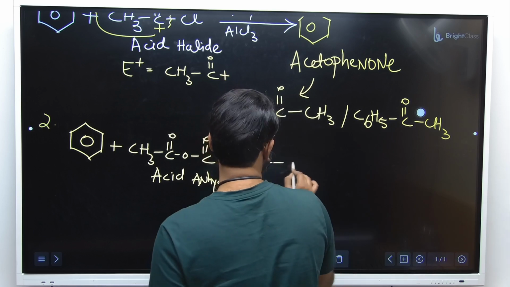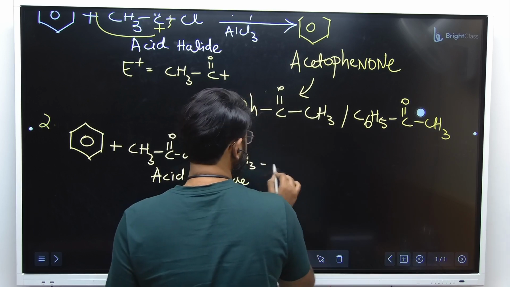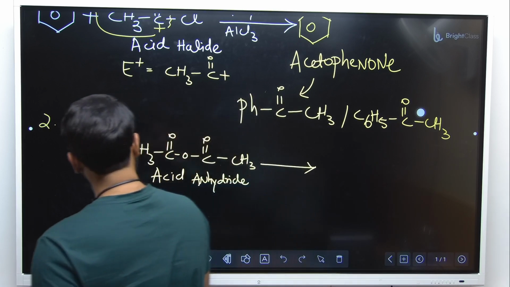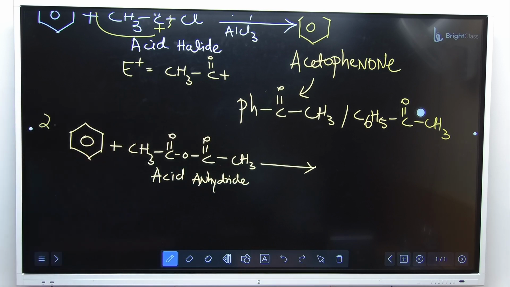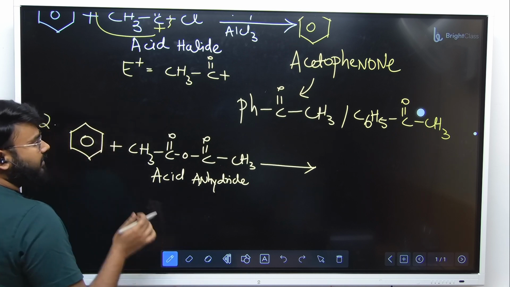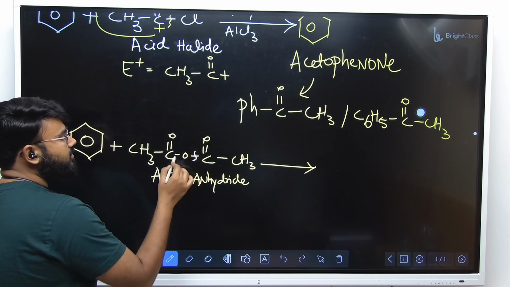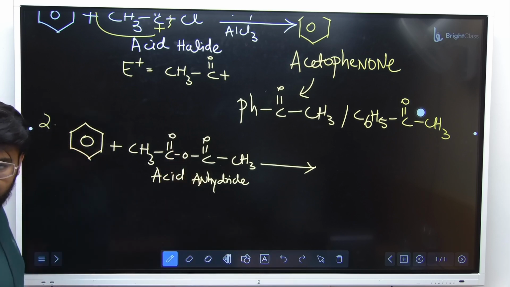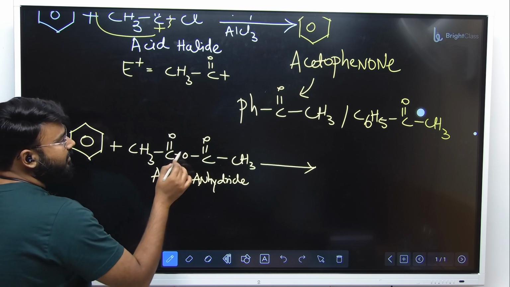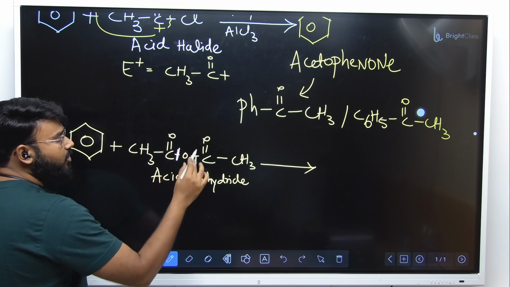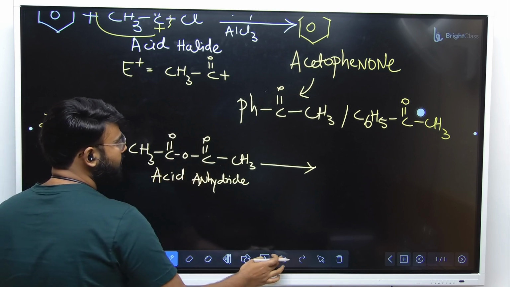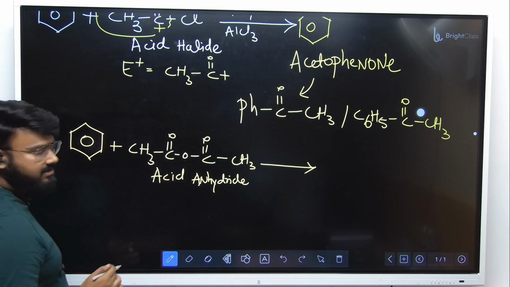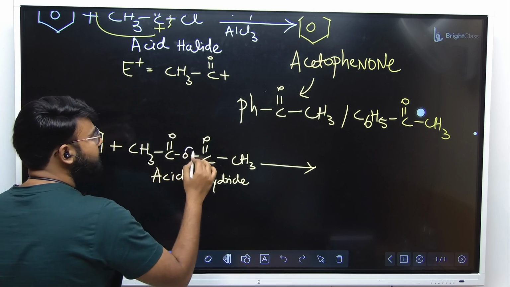Now see this acid anhydride, guys. What is going to happen here? You will break either this bond or this bond, up to you. You break any one bond. Guys, please see here carefully. On one side, one bond will break. Is it clear? Let's assume the oxygen took the electron.